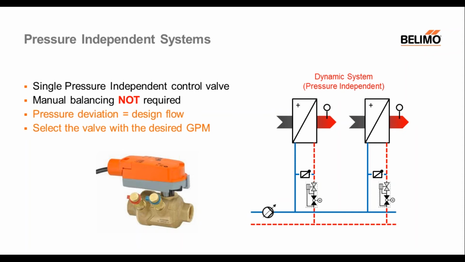And when you're selecting a pressure independent valve, it is as simple as looking at your coil's GPM requirement and picking a pressure independent valve that matches that coil's GPM. So no calculation is required when selecting a pressure independent control valve.